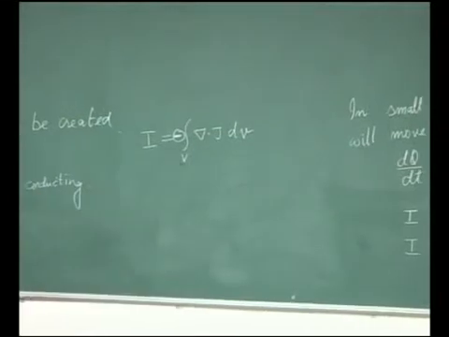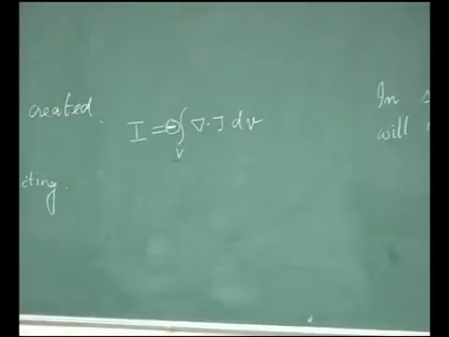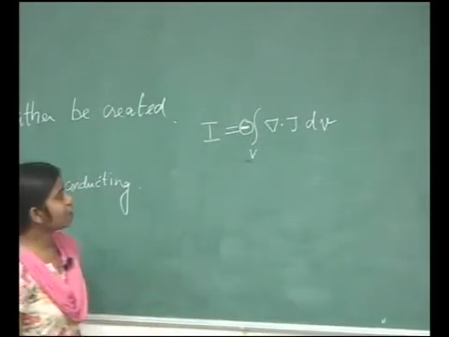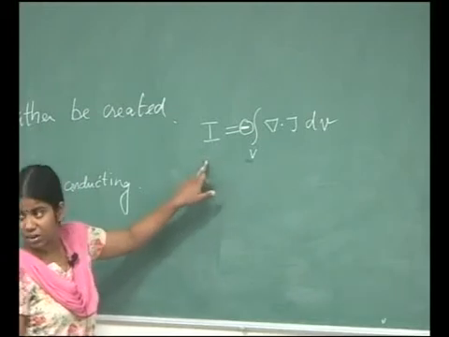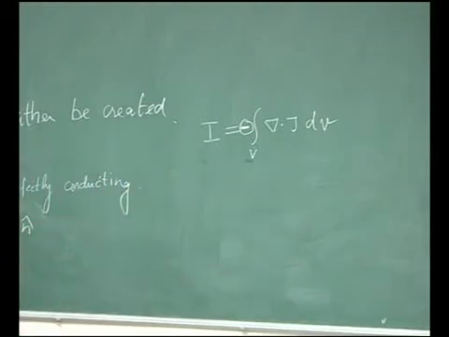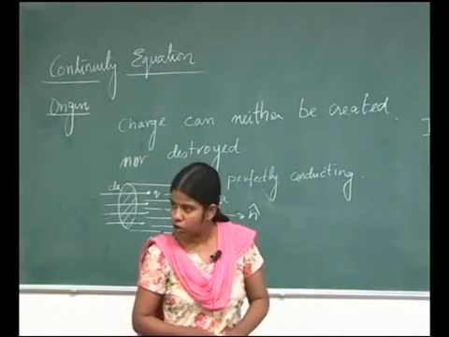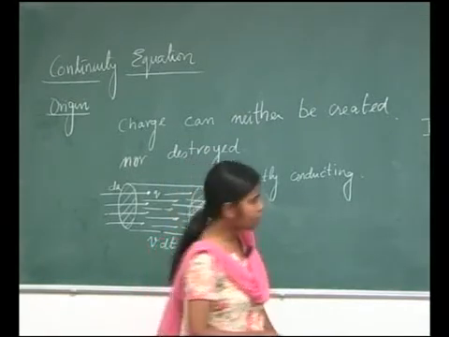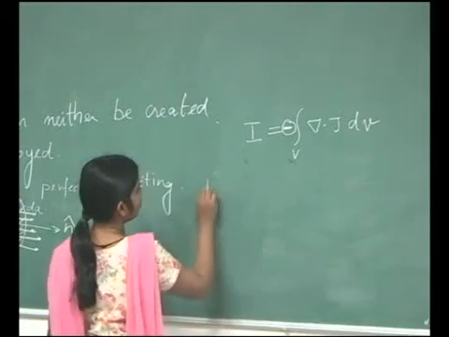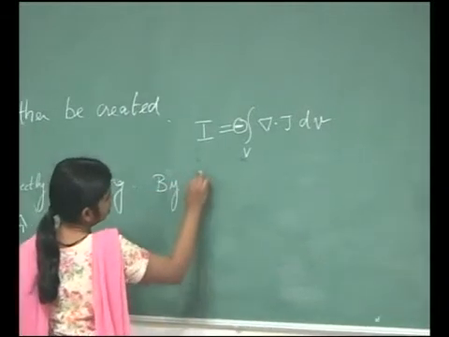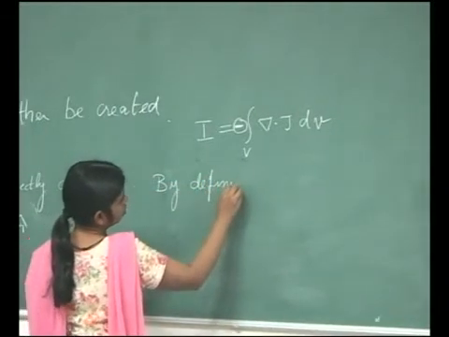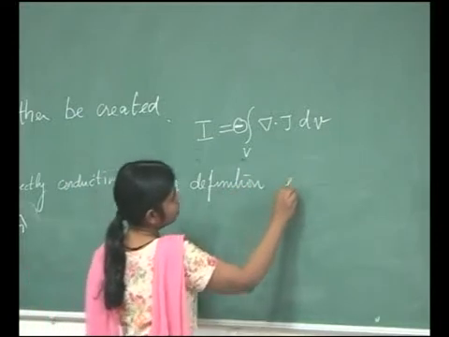Now, from the definition, I can also say that electric current is the time rate of change of charge enclosed in a volume.